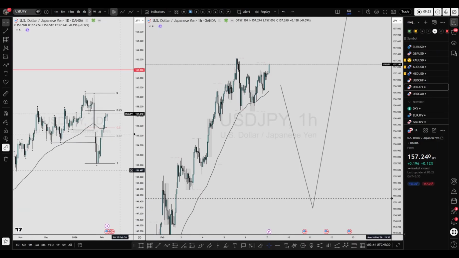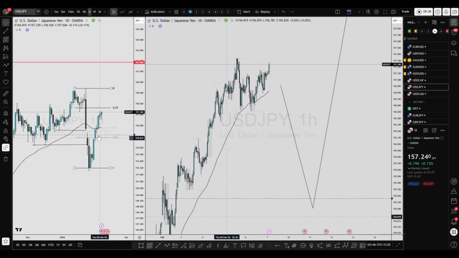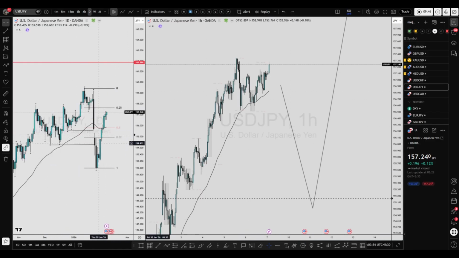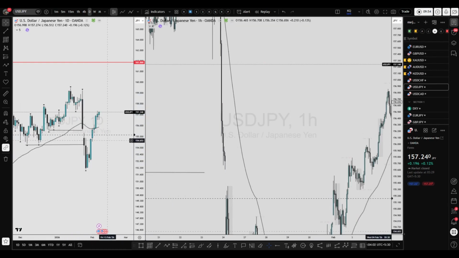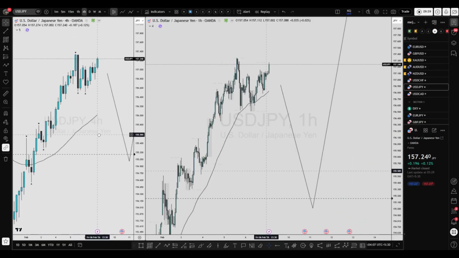So I introduced a rule maybe a year ago that if the market is bullish, I'm just going to ignore this kind of breakout structure towards the downside. Instead, I'm just going to skip this pair, or I will check in 4 hour what's going on over here.